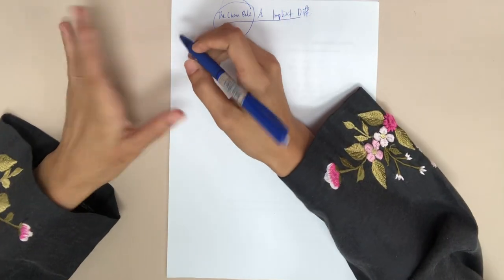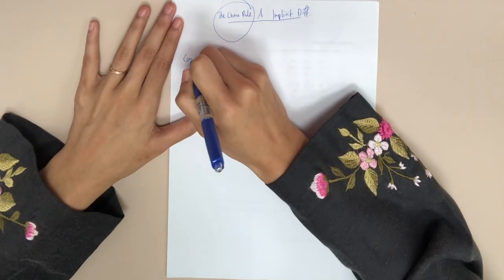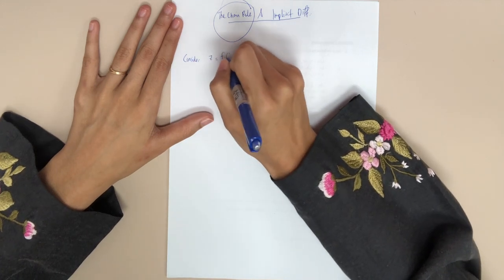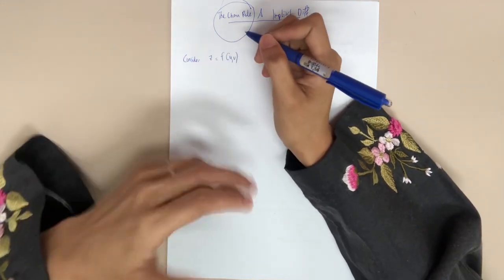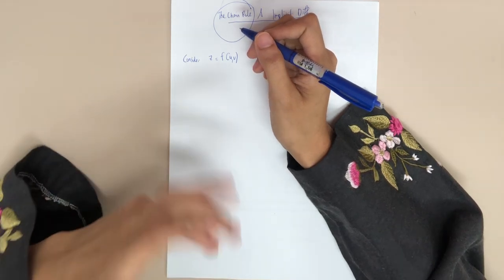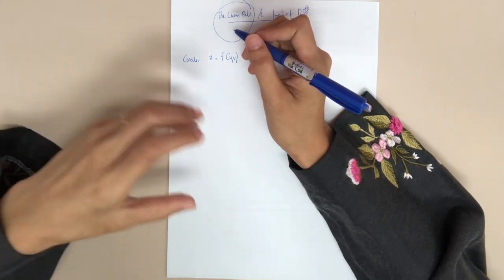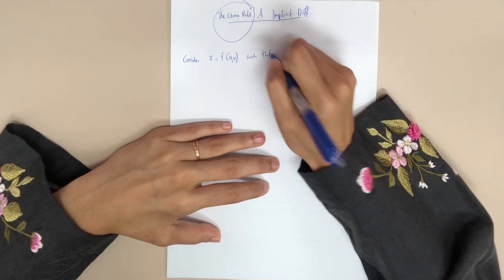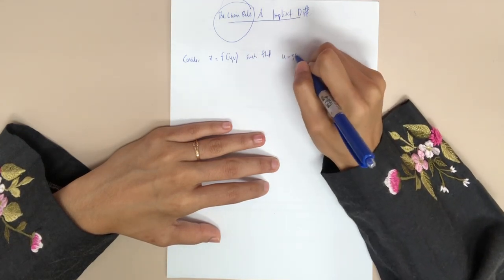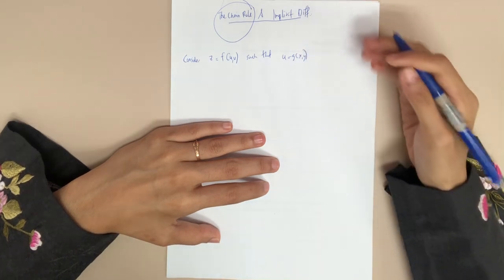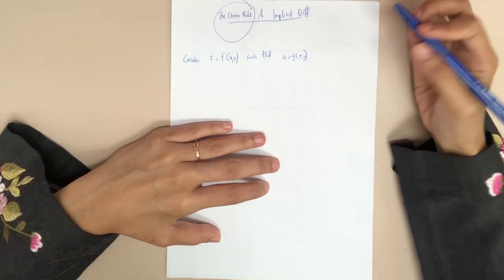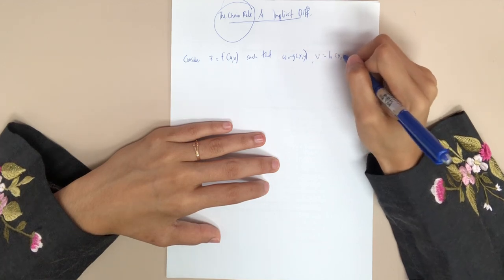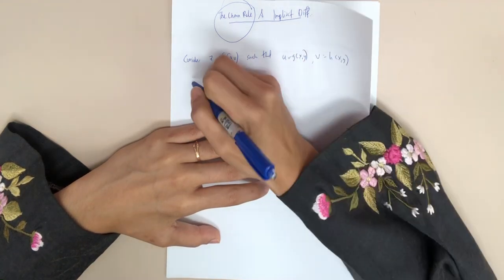The general theorem. I will consider z equal to f(u, v). Let's say we have a function z that consists of 2 variables, which are u and v, such that u is a function that consists of variables x and y, and v is a function that also consists of variables x and y.